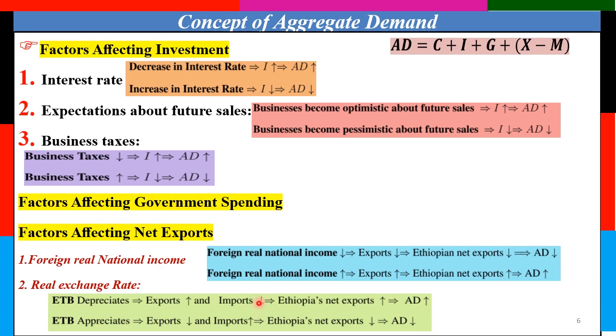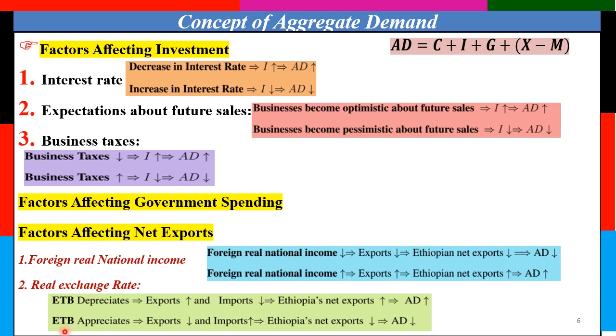Why is import decreasing? Because our currency's ability to buy something is decreasing, discouraged. As a result, the products that we can buy from another country become expensive for Ethiopia, so our ability to buy from the rest of the world goes down. This implies that Ethiopia's net export is increasing, because export is greater than import. This causes aggregate demand to increase.